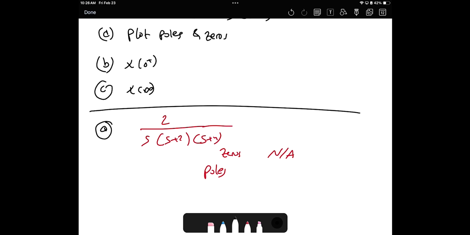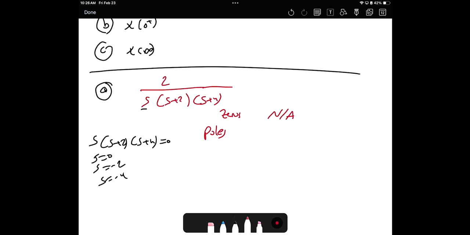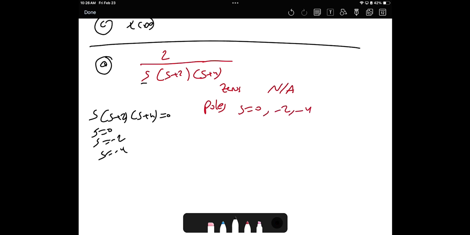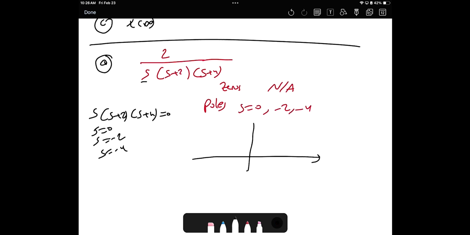Basically, s equals 0, and making s plus 2 and s plus 4 equal 0, we have s equals 0, s equals negative 2, s equals negative 4. Is this correct? That's all good. So poles are located at s equals 0, negative 2, negative 4, and we need to plot them. There is one at 0, one at negative 2, one at negative 4. Okay? Then problem A is done.